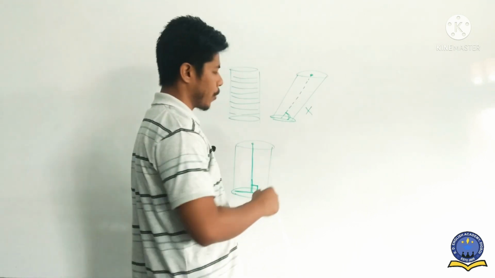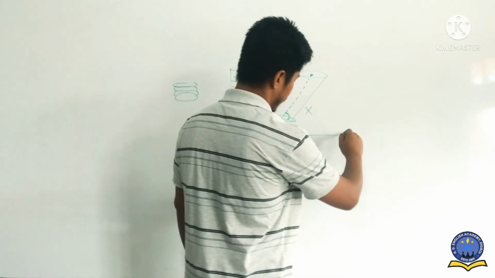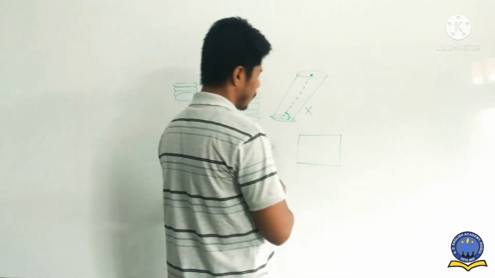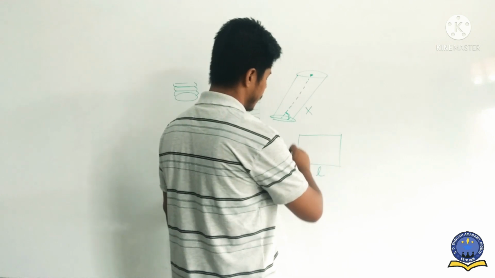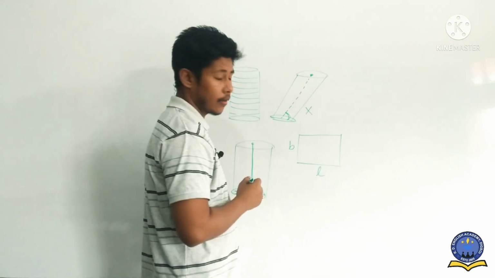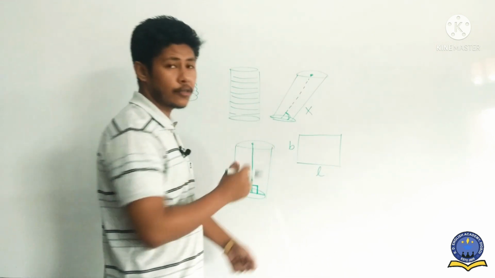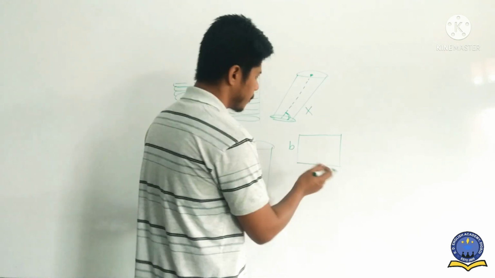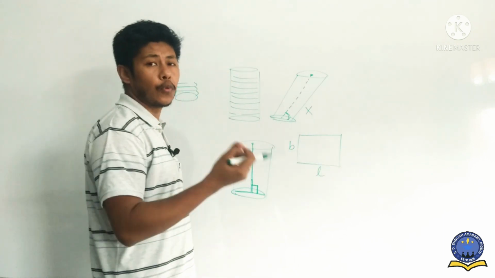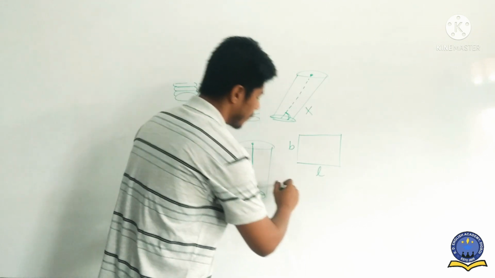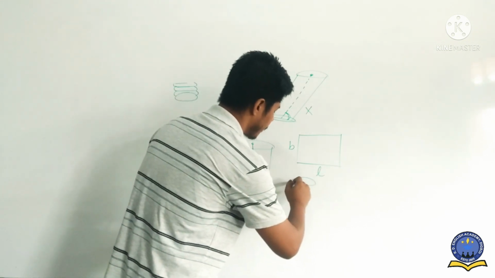Suppose we consider a rectangular paper. This one is the length, this one is the breadth. If we fold this paper like this, as also given in the book, then we get this type of shape.